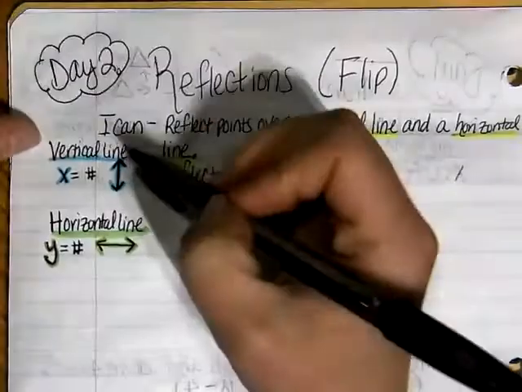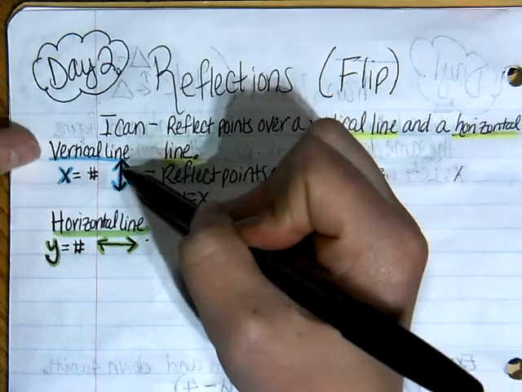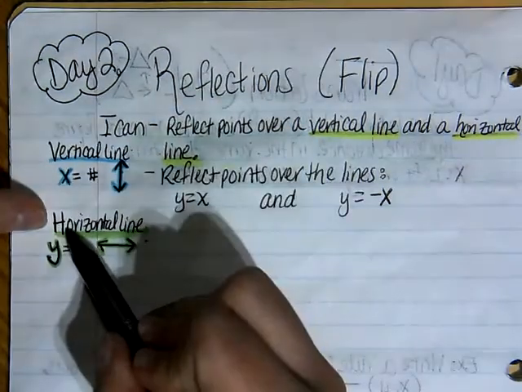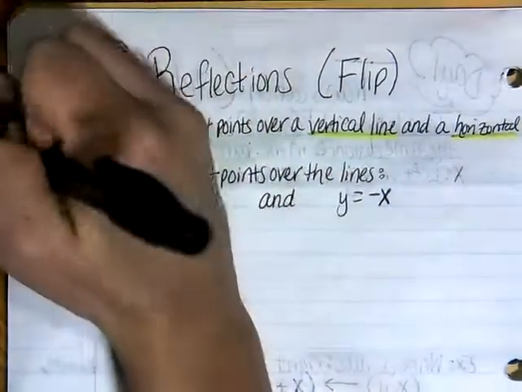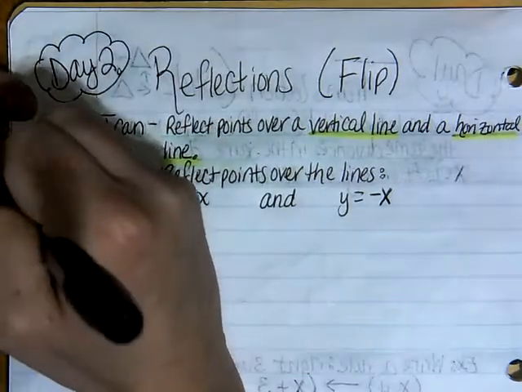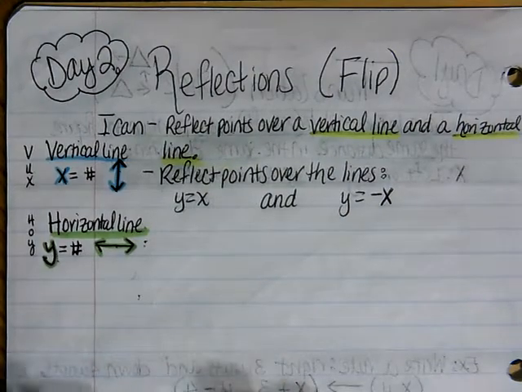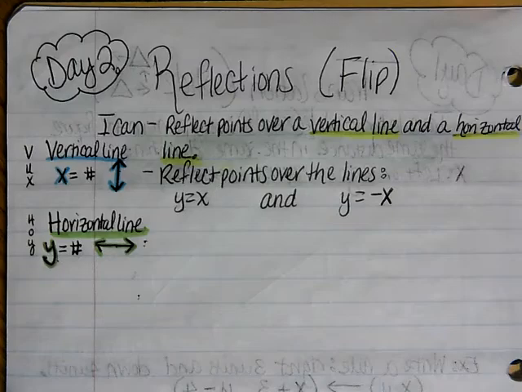I call this Vux and Hoy. Vux: vertical line, undefined slope, x equals a number. Hoy: horizontal line, 0 is the slope, y equals a number.